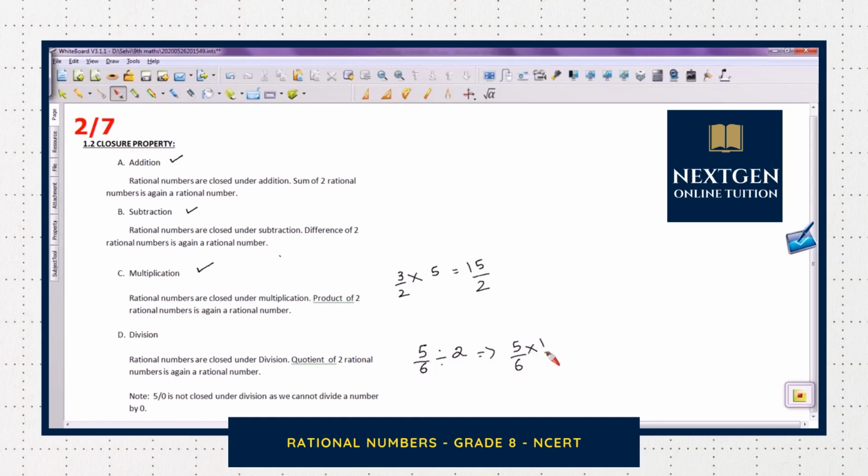Here the division sign got reversed, so it is multiplied, and 2 by 1 is reversed, that is 1 by 2. Now the answer is 5 by 12, which is again a rational number. But one condition: 5 by 0 is not closed under division, as we cannot divide a number by 0. That we basically know.